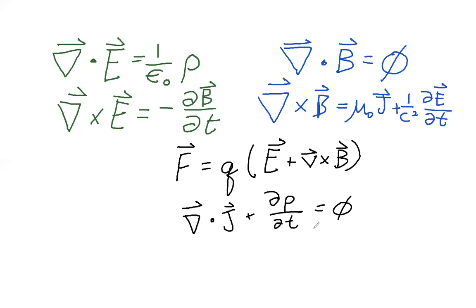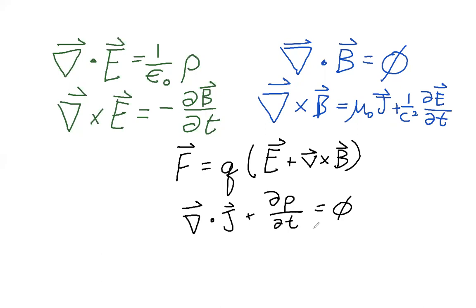And again, this is not something that's yet obvious. It's a bunch of equations that tell us something about electric fields, how objects respond to electric fields, and that charge is conserved. But what I want to show you now is that these are fundamental equations.